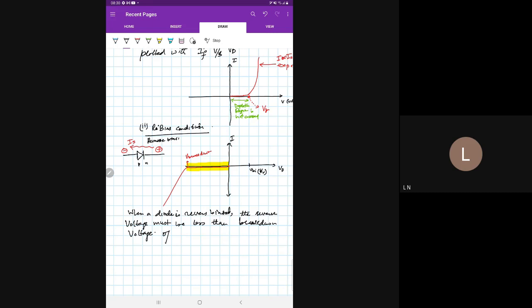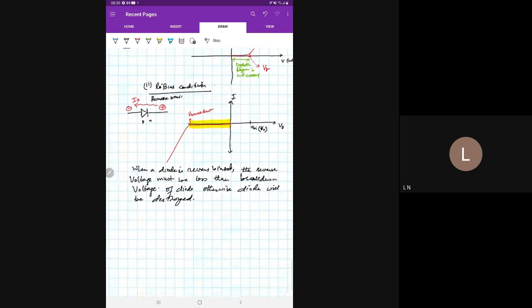Breakdown voltage of the diode, otherwise the diode will be destroyed. It will be destroyed.